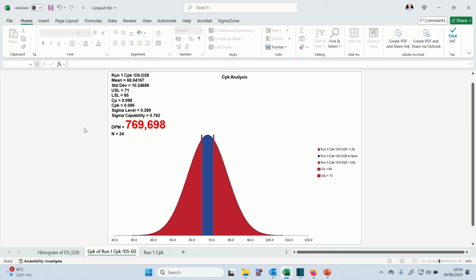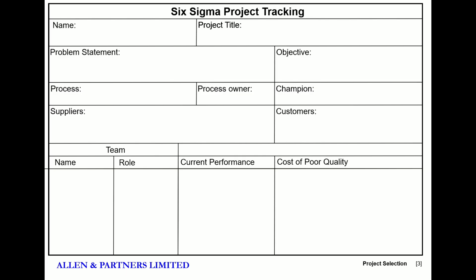So now we can enter that into my project definition sheet. So here we are. Let's just put some basic details in there. Who's the expert working on this? So the project title, Catapult. Defects.